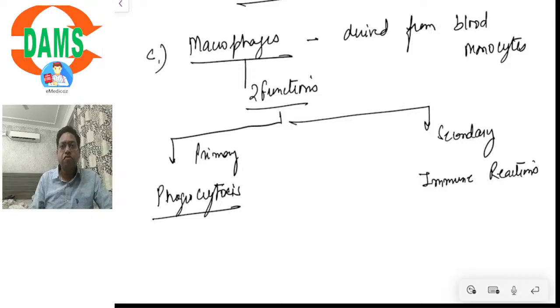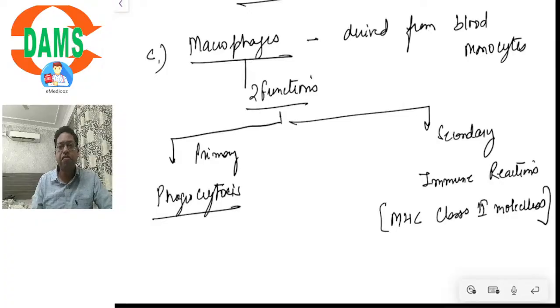These macrophages also contribute to the innate immunity of the dental pulp by way of major histocompatibility complex class 2 molecules. These molecules are present on the surface of these macrophages that contribute to its secondary immune function. What is the primary function? The primary function, as the name indicates, is phagocytosis of the foreign materials, other toxins, etc.